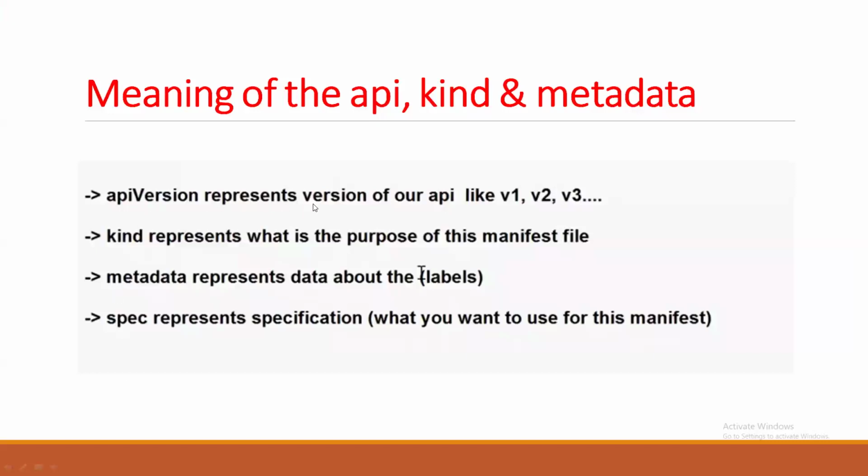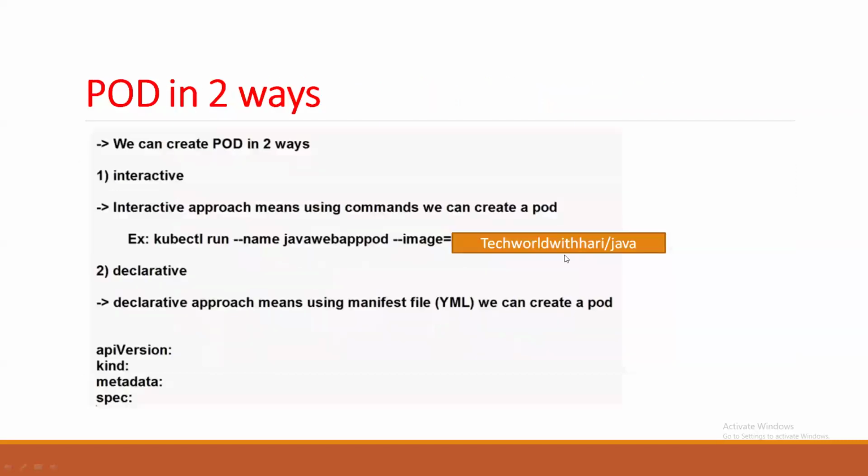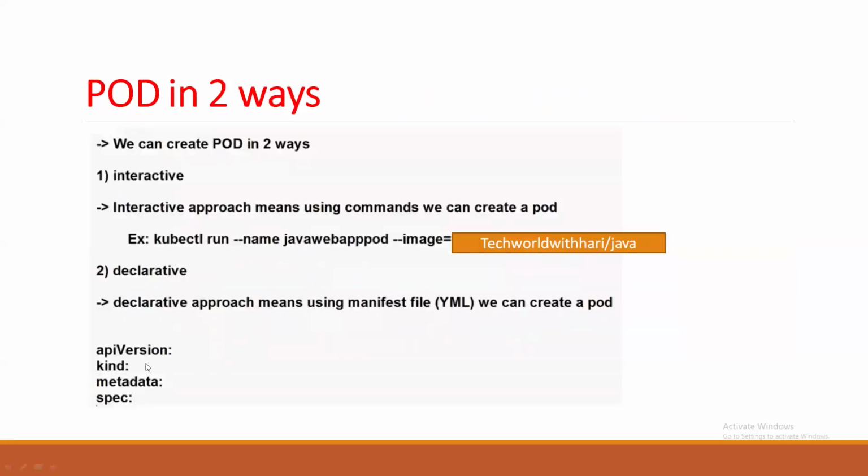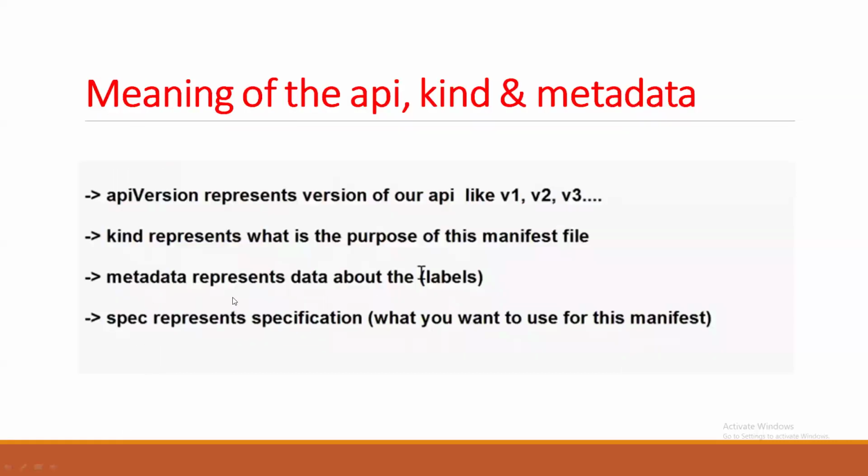API version represents the version of our API, like v1, v2, v3, v4 and so on. Kind represents the purpose of this manifest file; if its purpose is creating a pod, then kind is Pod. Metadata represents the data about the data.